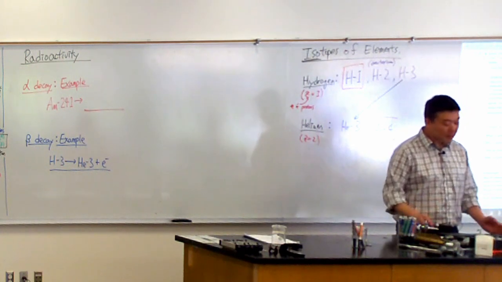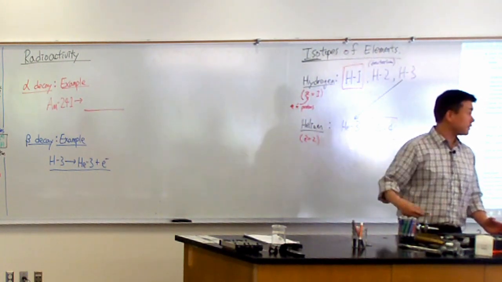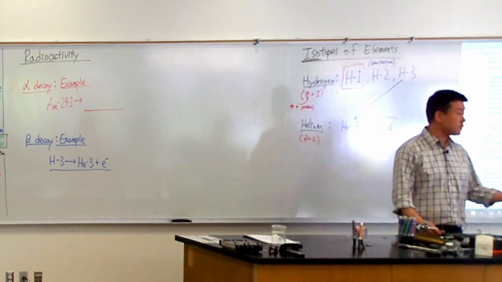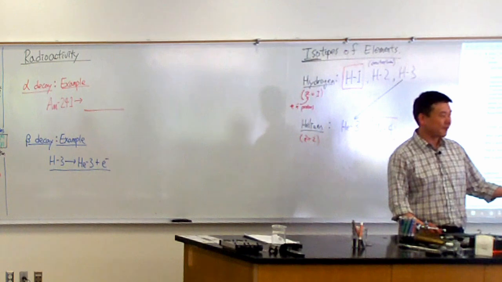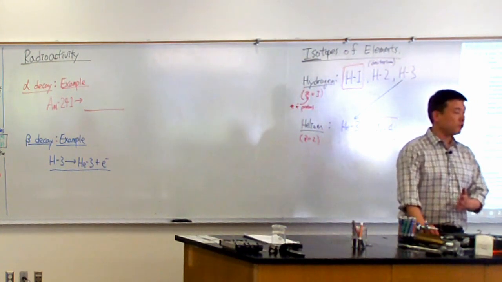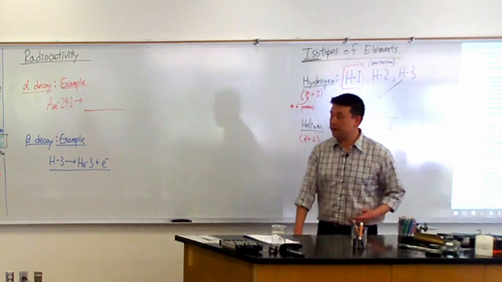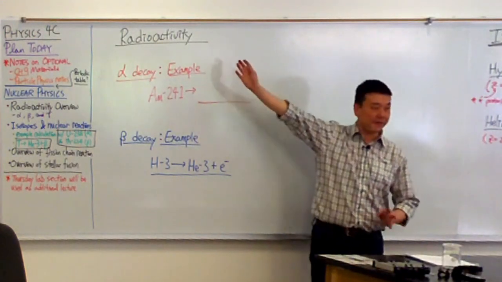So the first question you could ask is, what does it decay into? Because we still hold to the conservation principles. I don't know if I want to say conservation of mass, but there's something being conserved there. We don't want to just say, I had americium 241, it all goes to an alpha particle and then it's all gone.